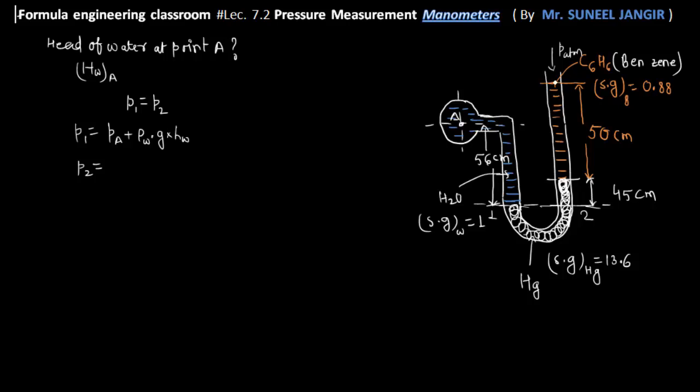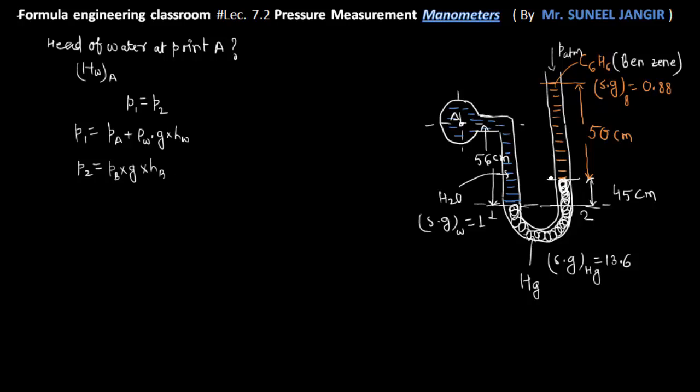So at this free surface of benzene, the gauge pressure is 0. Then we are moving down in the benzene, so pressure increases here. So in this case we will write rho of benzene into g into height of benzene.